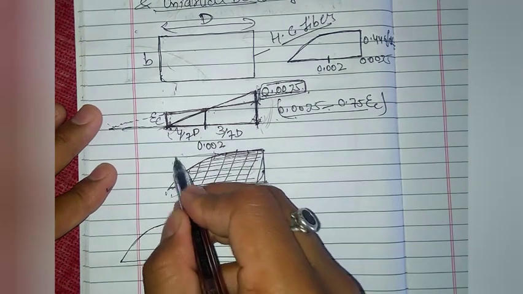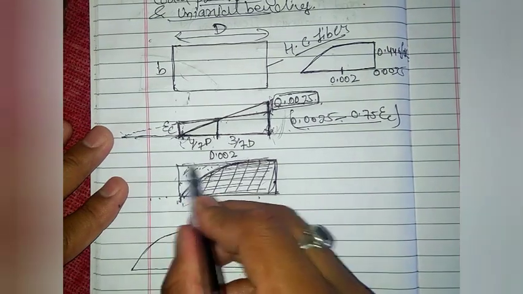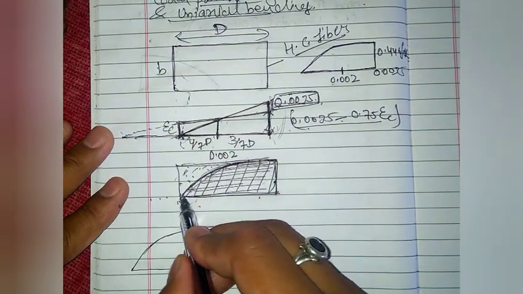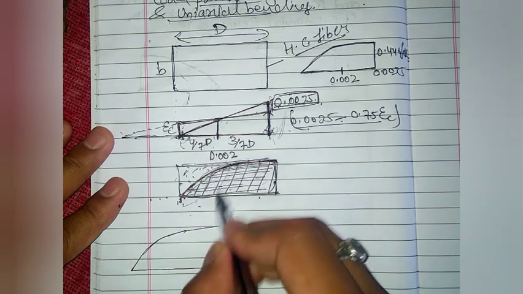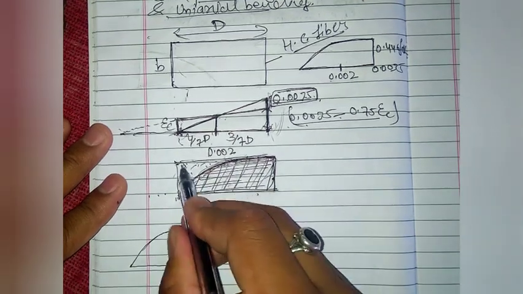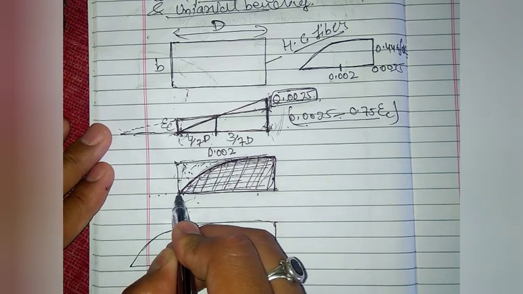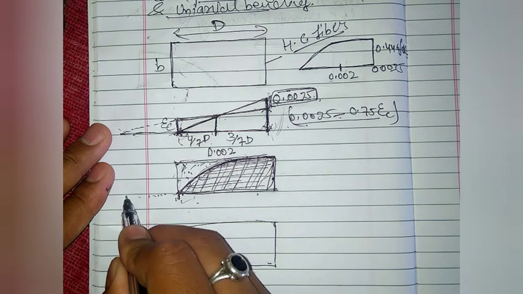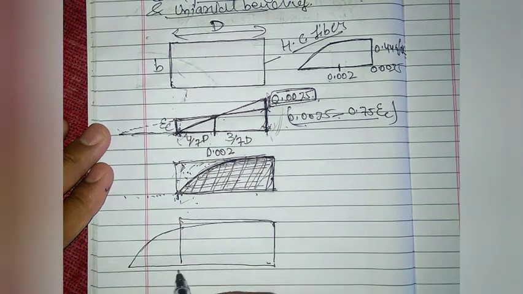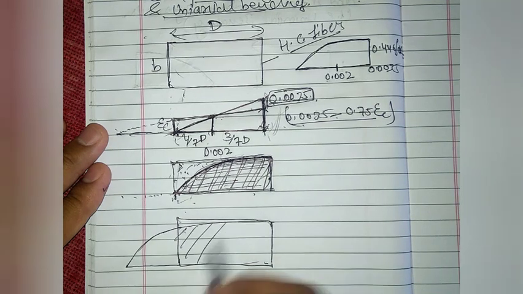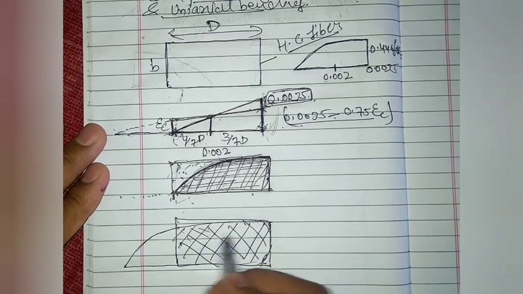Because the column section is here, the effective stress-taking area of the column is this part only, and this part is not taking any stress. So when the neutral axis shifts outside the column section, this area is increasing, and we are interested in calculating this area.